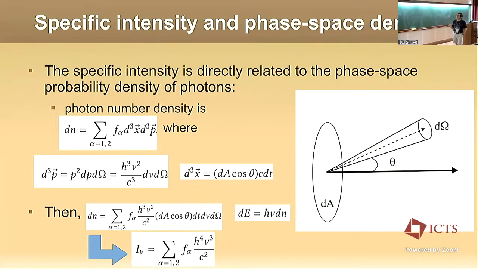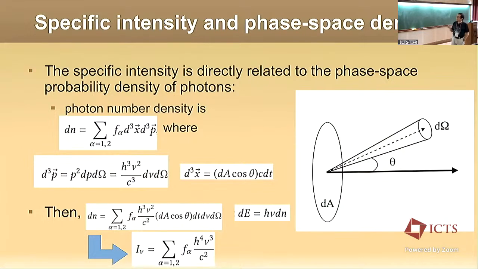So that's a 6-dimensional space of momentum and physical space. In momentum space you can write the volume again in spherical coordinates, so you get p squared instead of the usual r squared, dp, and then the solid angle d omega. And p, for photons, is just h nu over c, so you can write it in terms of constants and d nu d omega.